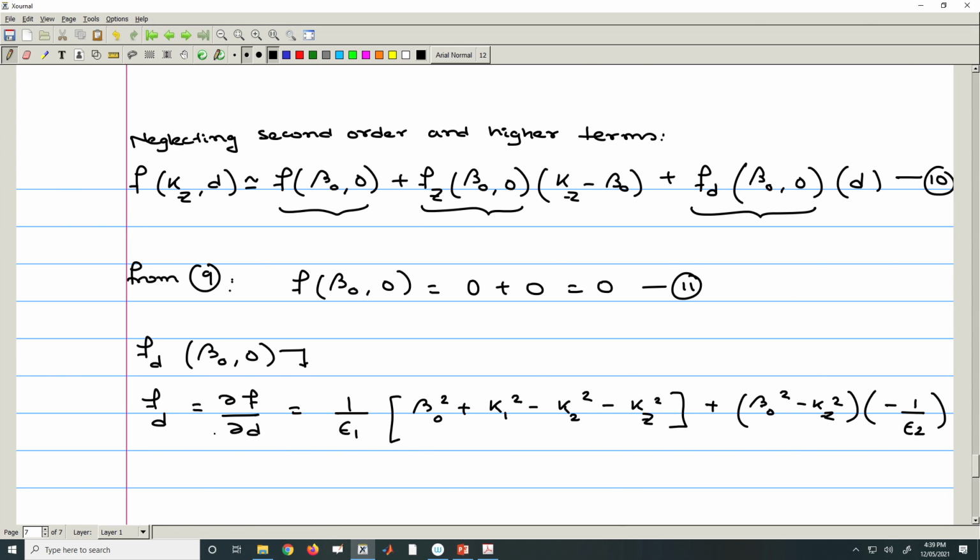So, this is f_d. Now for f_d(beta naught, 0), again we place kz as beta naught, and that term gets cancelled out, so we get 1 upon epsilon 1 times (k1 square minus k2 square). This is equation number 12.